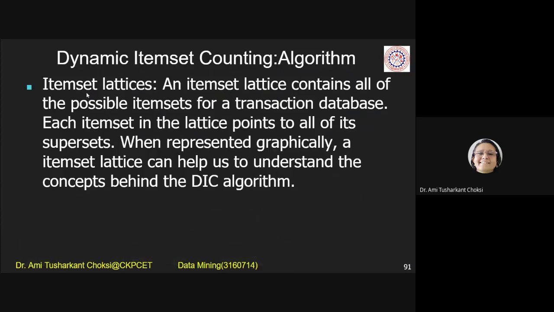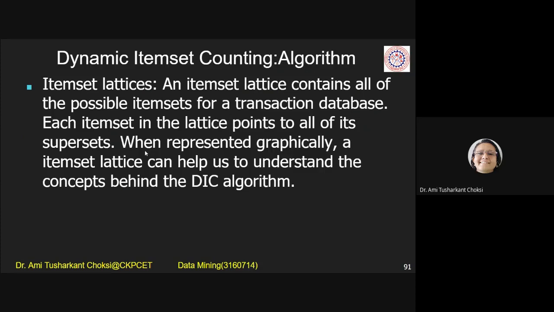So what do we have? We have an item set lattice. An item set lattice contains all the possible item sets for a transaction database. Each item set in the lattice points to all of its supersets.